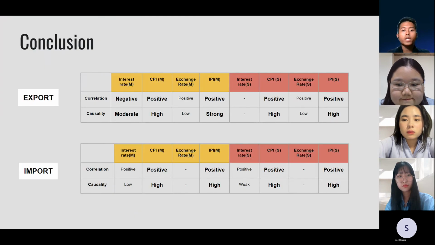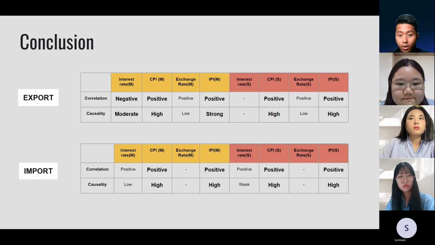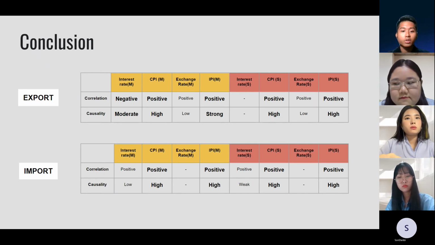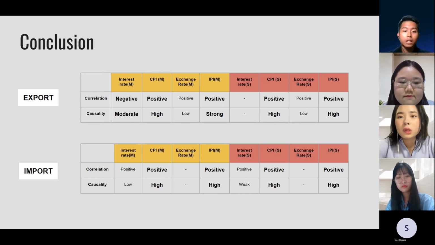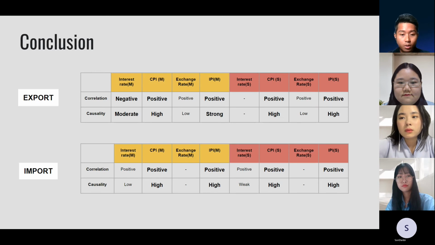In conclusion, we can digest from the analysis that the export and import of Malaysia are relatively influenced by similar indicators. We found that although the exchange rates of those two countries have a correlation with both export and import through coefficient correlation analysis, the trend does not continue through regressions as well as both Granger causality tests, which illustrates the absence of strong causality between exchange rate and export and import.